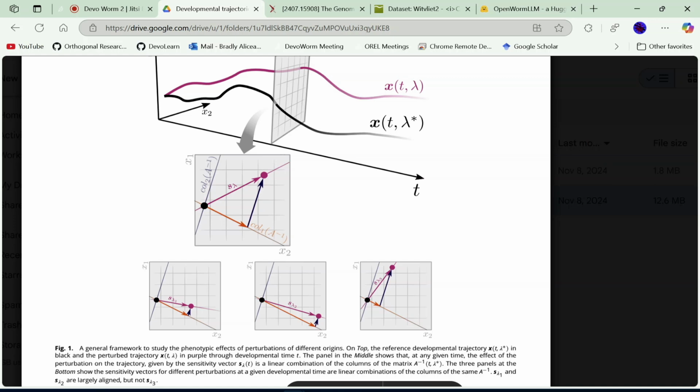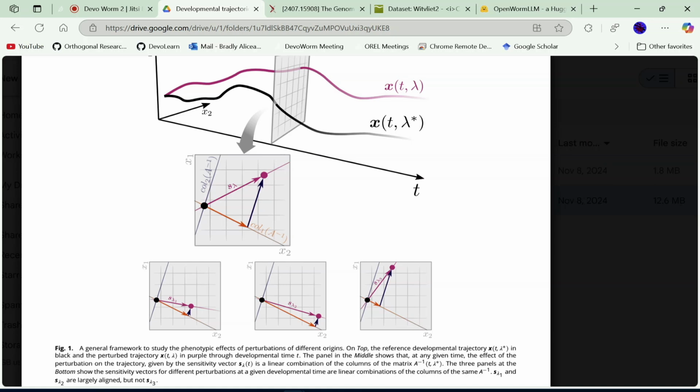The panel in the middle shows that at any given time, the effect of the perturbation on the trajectory is given by the sensitivity vector, which is this purple one, I believe, and is a linear combination of the columns of the matrix A to the power of -1. That's the transpose, or A of -1 of the reference.